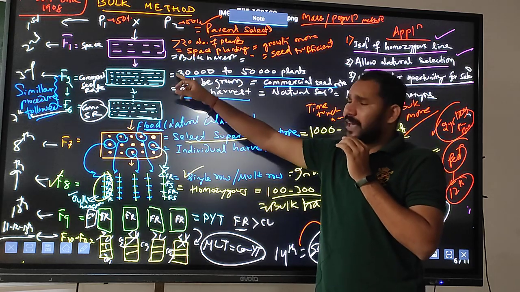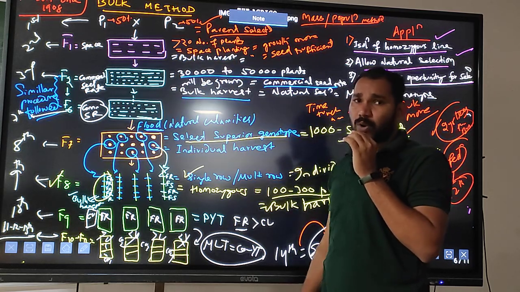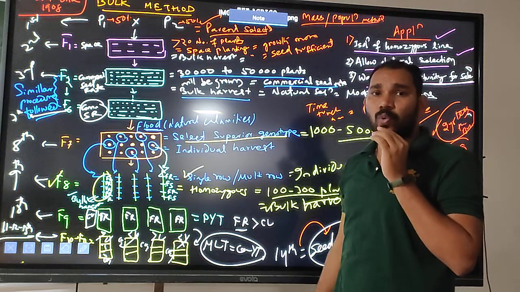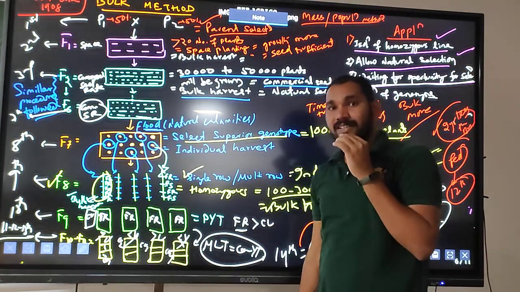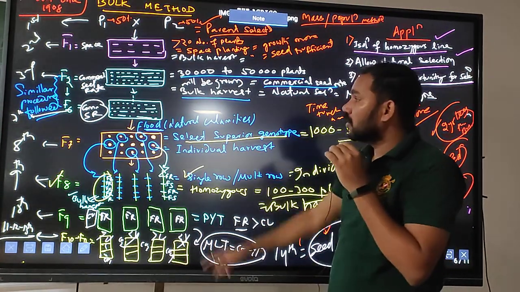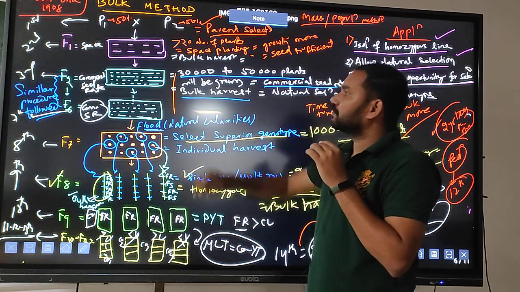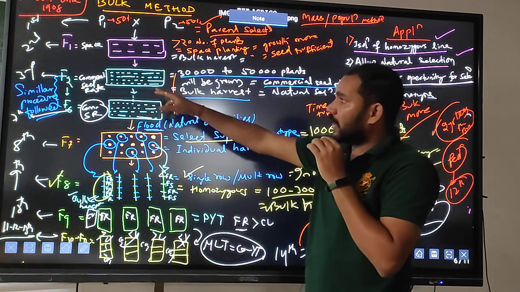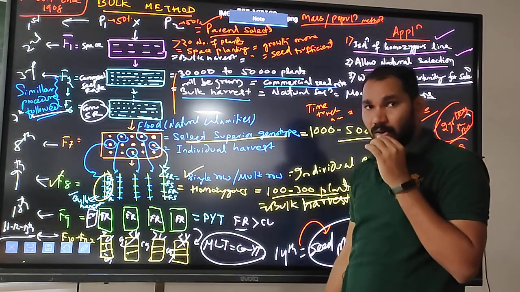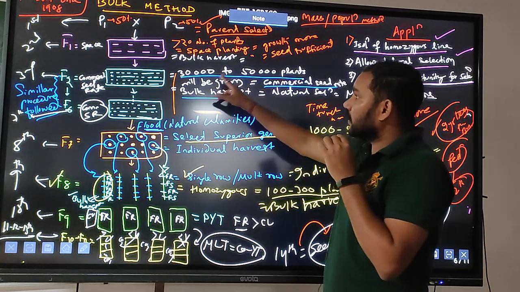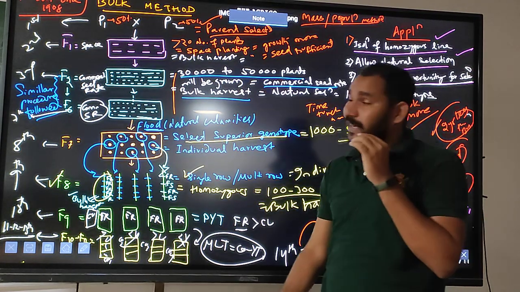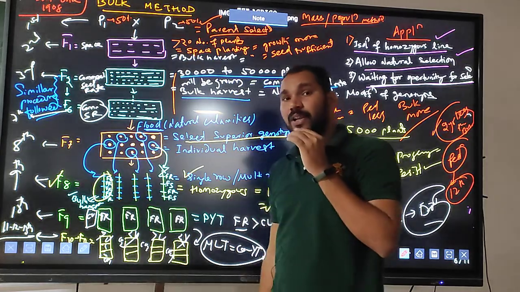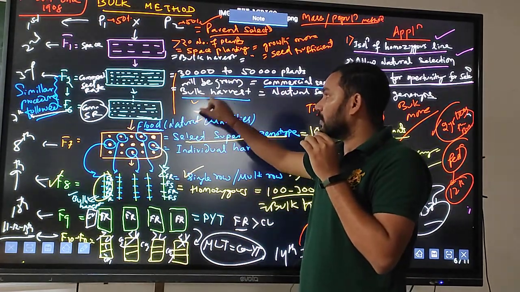Okay. So as the name bulk method means, we are going for natural selection, and we have to wait for the opportunity time for artificial selection. So go for the bulk method of harvest, where we use the commercial seed rate. Whatever the 30,000 to 50,000 plants, they will be maintained from F2 to F6 generation, where bulk harvest will be there.